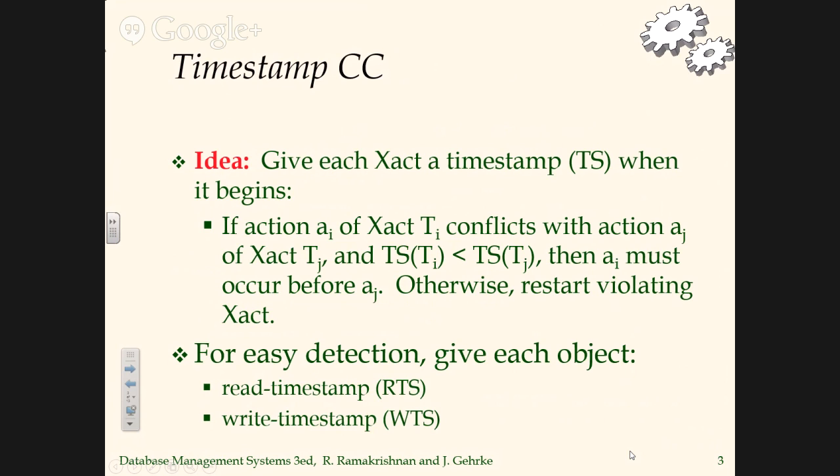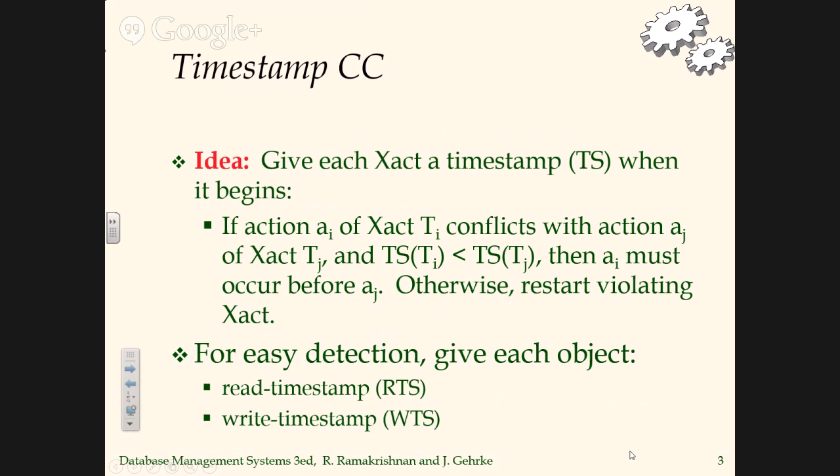The conflicts are based on the same conflicts that we talked about when we were talking about locking. Remember the write-read conflict: when somebody wrote something, somebody else wants to read it, and the first one hasn't committed, then you have a conflict. If you have a write-write conflict, somebody writes something and somebody else writes it, this is a conflict, and so on.